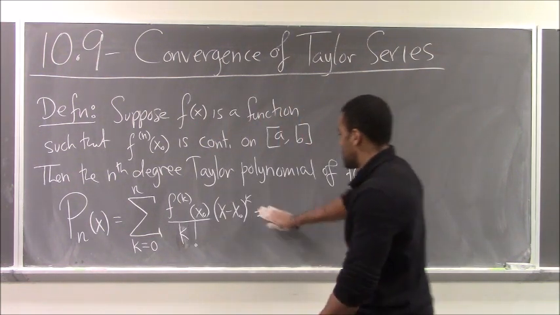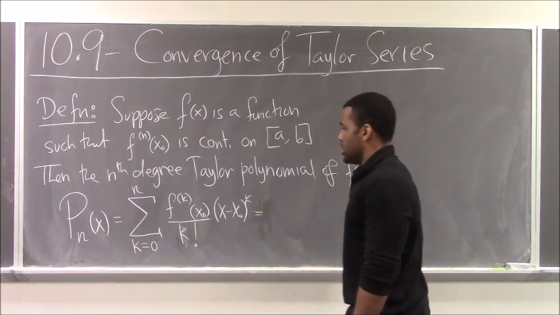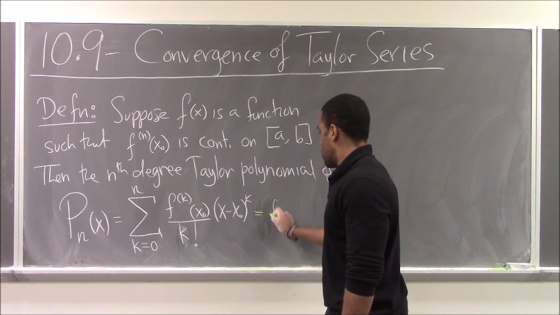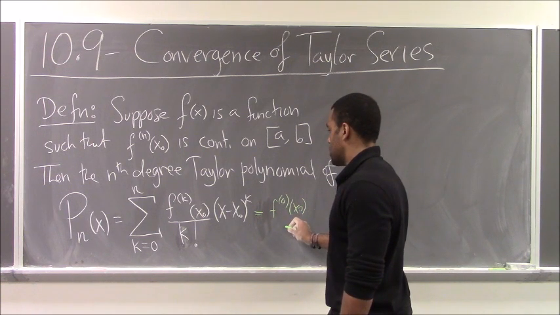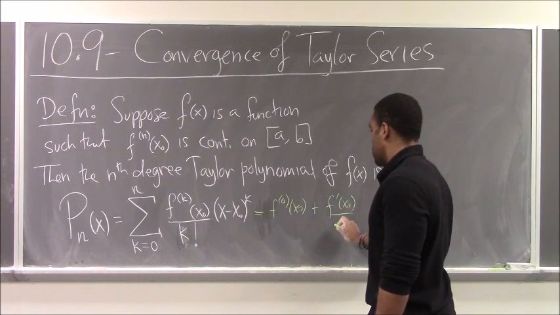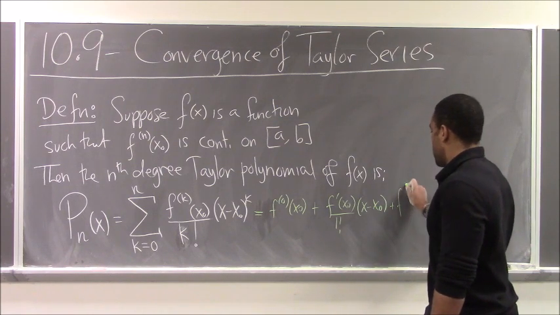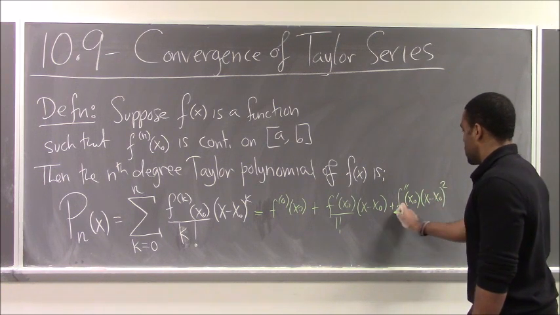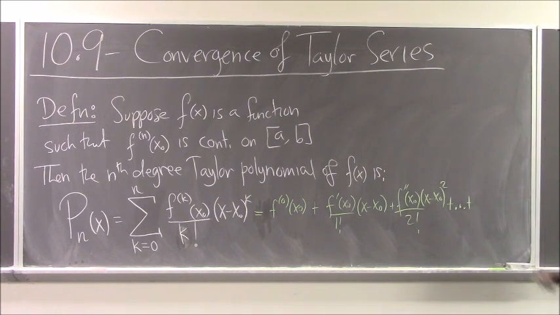So that basically means I'm just writing out a finite Taylor series here. So I start with f to the 0 evaluated at x naught plus f to the first derivative evaluated at x naught over 1 factorial x minus x naught plus f to the second derivative evaluated at x naught x minus x naught squared over 2 factorial plus dot dot dot goes all the way up to the nth one.